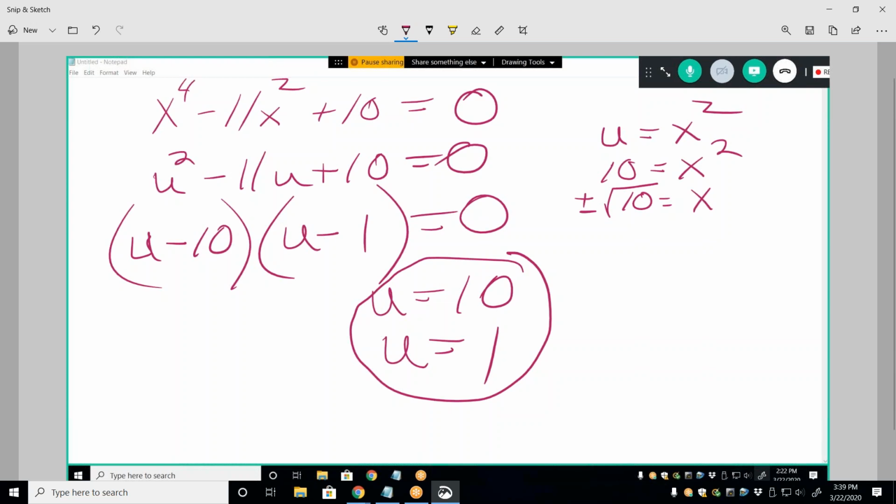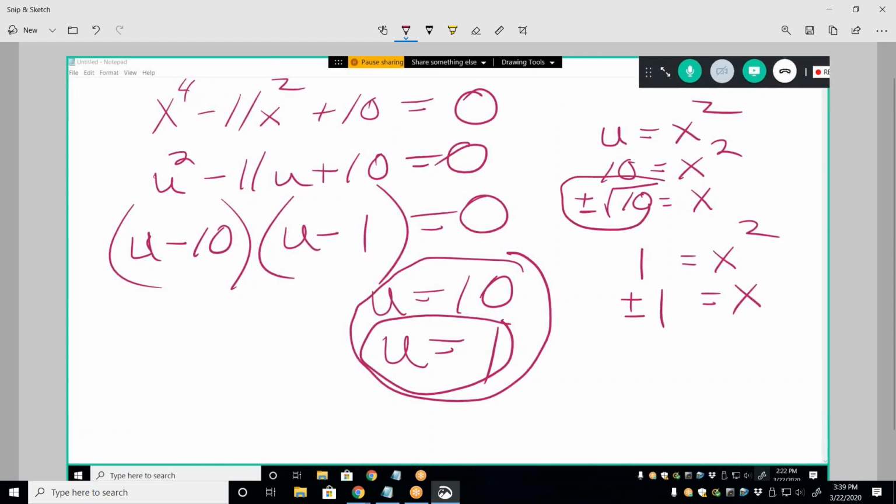And then we had another u equal 1. So let's substitute 1 for u. Solve that for x. Just 1. What words do you always start your answer with? Plus or minus. So there are your 4 answers for this quartic.